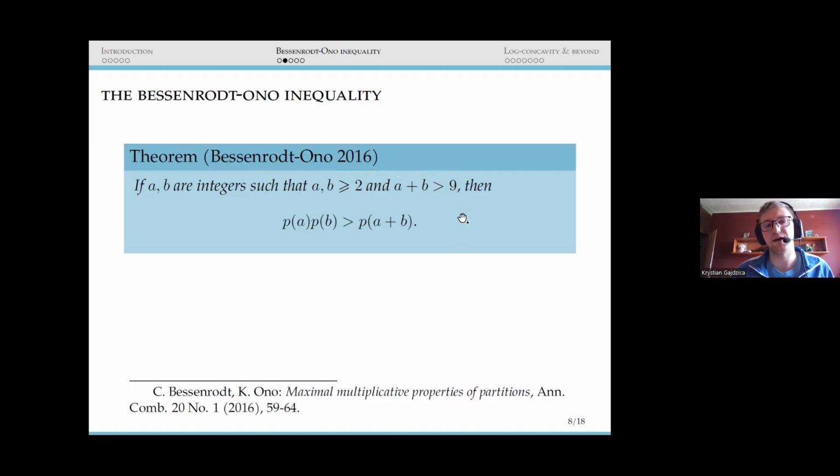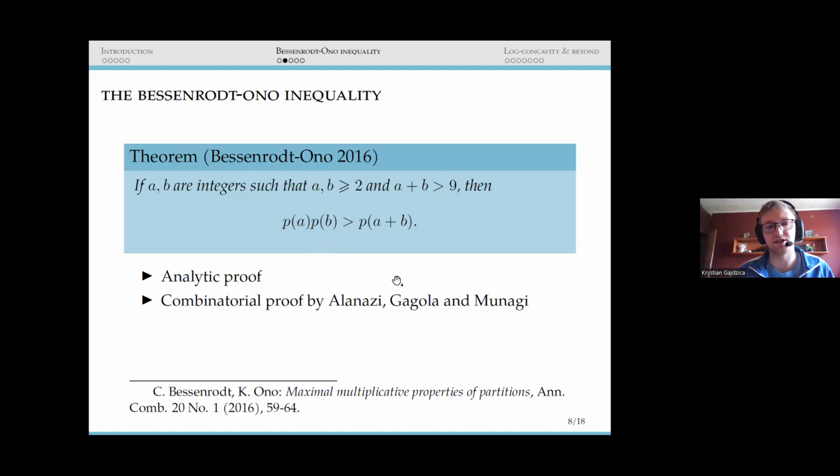Their proof is based on the analytic behavior of the partition function, but it's also worth mentioning that there are two other proofs, as far as I know. The second one is in a combinatorial manner by Jajola and Nagy.